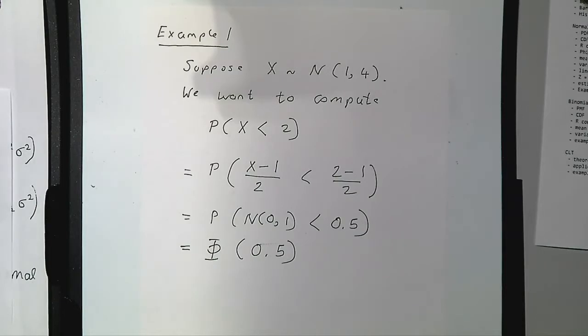This is 0.5, and read the first number, which is 0.6915. So this here is 0.6915. Is that clear or not?